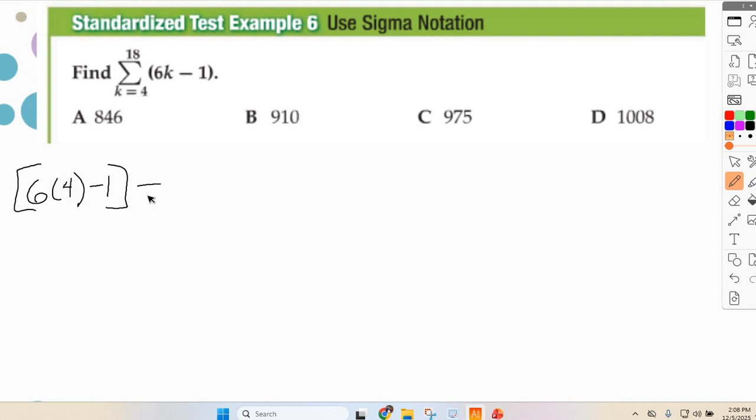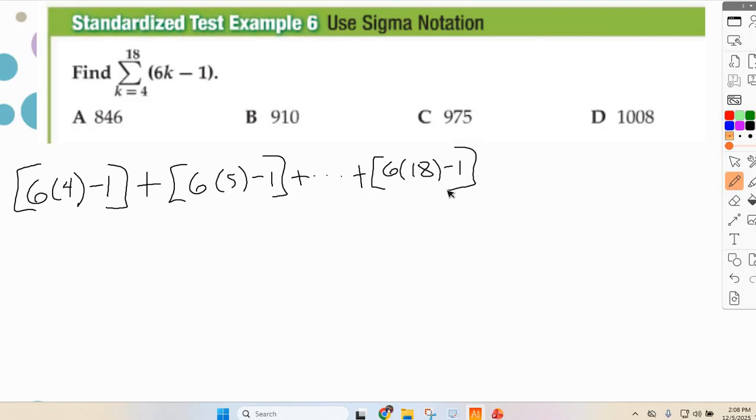Then I'm going to add, plugging in the next number, so 5. And continuing on all the way until I get to the last number, which in this case is 18. And I need to add all of those together.